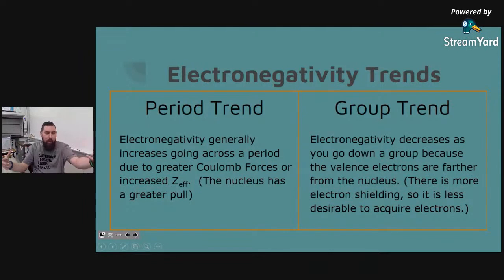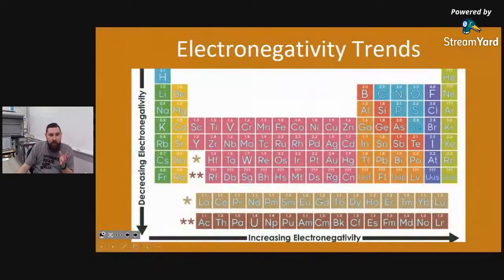It's not going to be able to pull in additional electrons through a bond. So electronegativity decreases as you move down a column. Okay, so this is again an overview, periodic trend. As you move down, electronegativity decreases. As you go across, it increases.